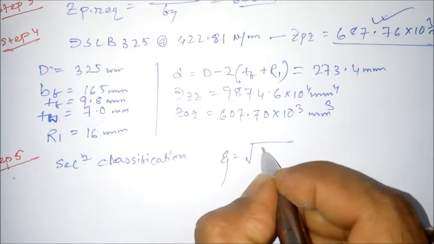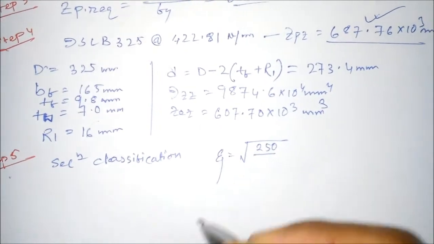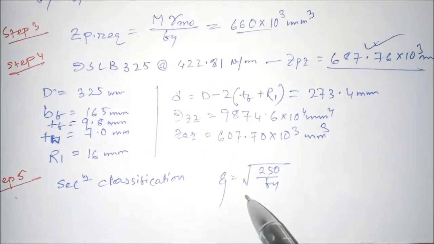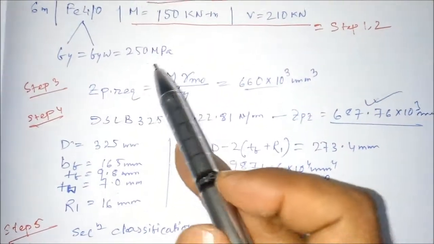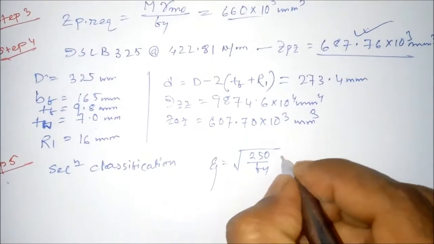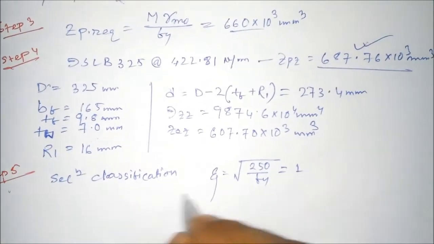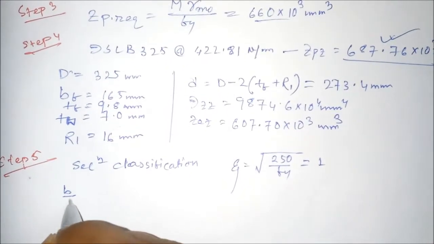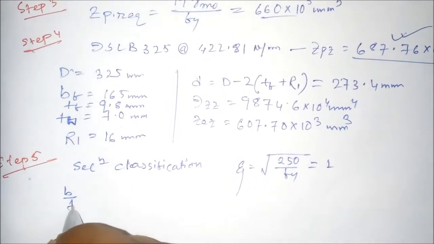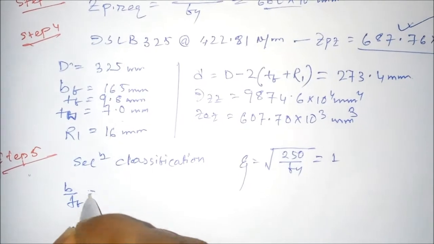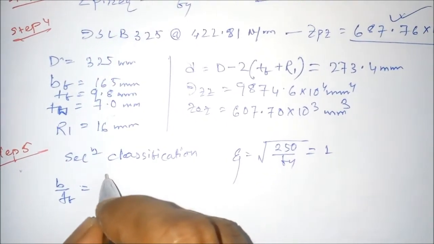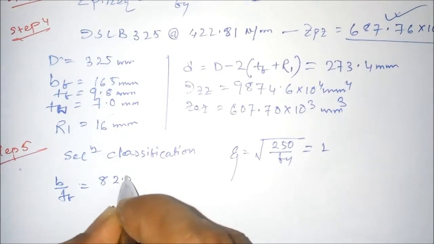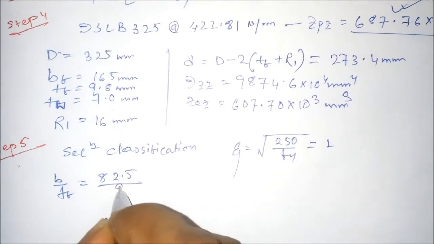This value is root of 250 by fy, as fy value is also 250 for this case, so epsilon will be equals to 1, and the ratio b by tf will be equals to 82.5 divided by 9.8.